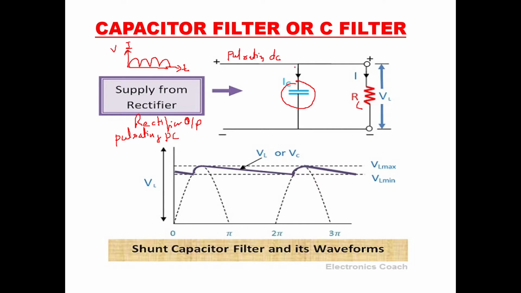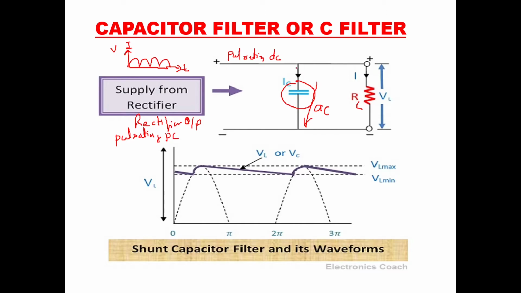Whatever AC is there will be passed through the capacitor to the ground, because as we have seen, it provides low reactance, low opposition to the flow of current when the frequency is high, that is AC, and it has high impedance when the frequency is low, that is DC.